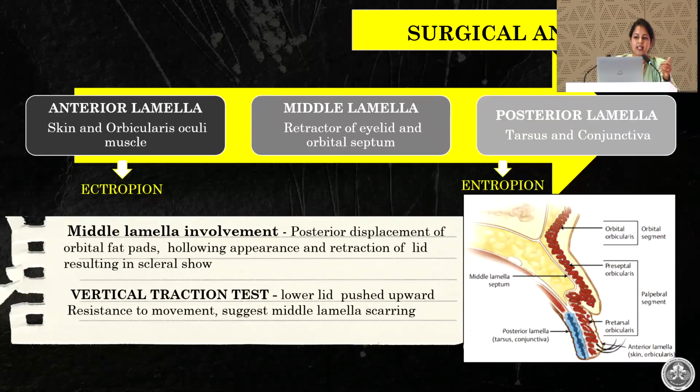The involvement of the anterior lamella and posterior lamella leads to ectropion and entropion respectively, whereas middle lamella involvement will produce posterior displacement of the orbital fat pad, a hollowing appearance and retraction of the lower lid or upper lid, resulting in scleral show. It can be tested by the vertical traction test by pushing the lid upward, and any resistance to the movement suggests middle lamellar scarring.